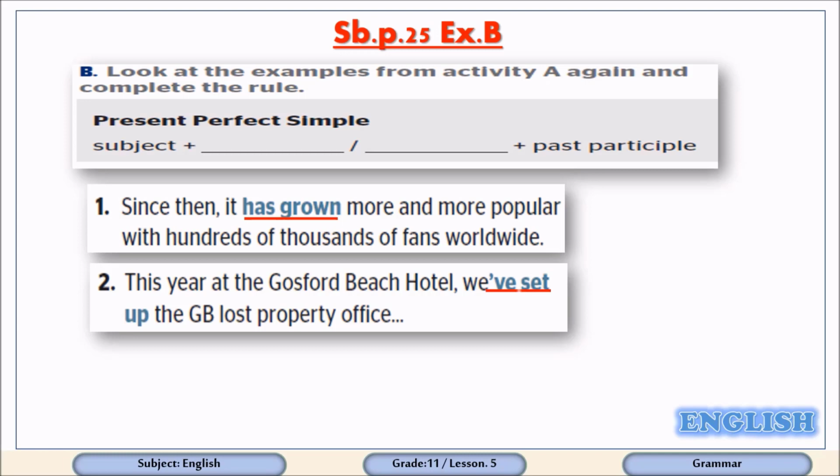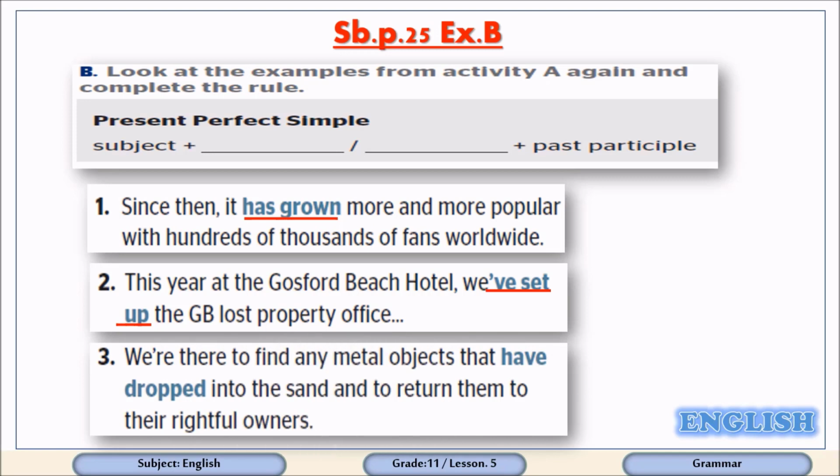Sentence 2. This year at the Gosford Beach Hotel, we have set up the JB Lost Property Office. So the subject we comes with have and the past participle set. The last sentence, we are there to find any metal objects that have dropped into the sand to return them to the rightful owners.